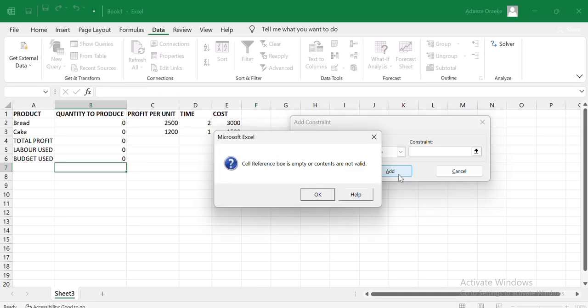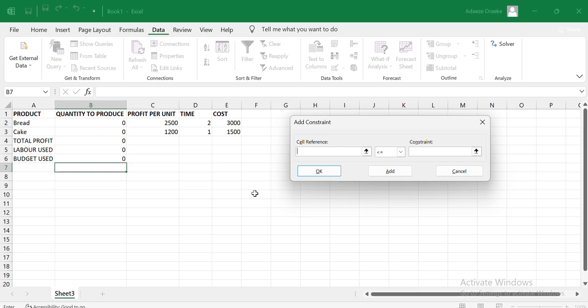And we also don't want to produce less than 0, which means you cannot produce minus 1 cake or minus 1 bread, because realistically it's not even possible. So you have to put it as greater than or equal to 0. So these are all the constraints that we are given.